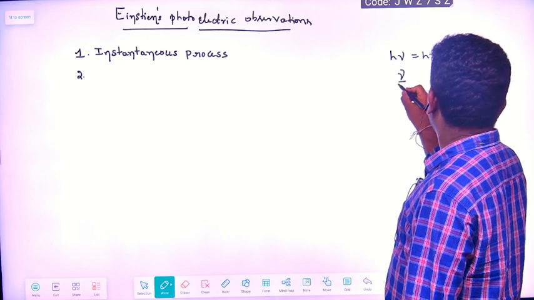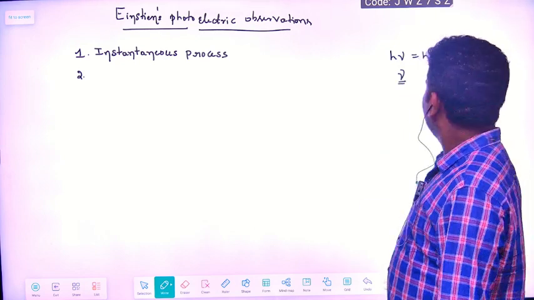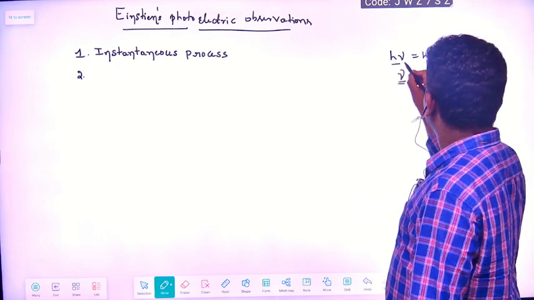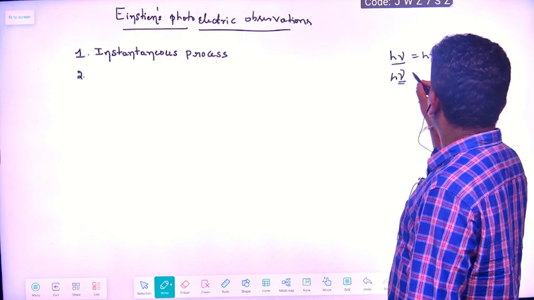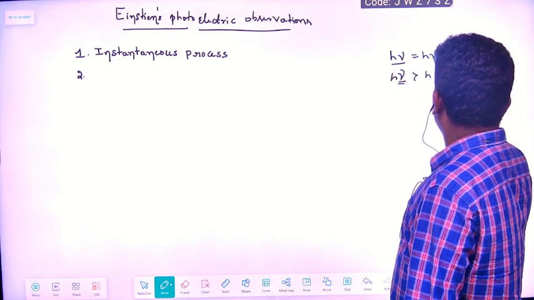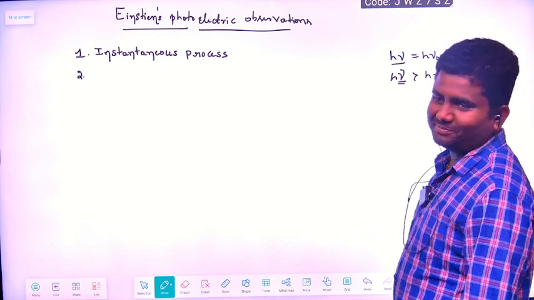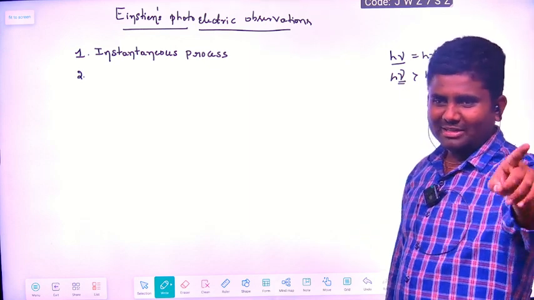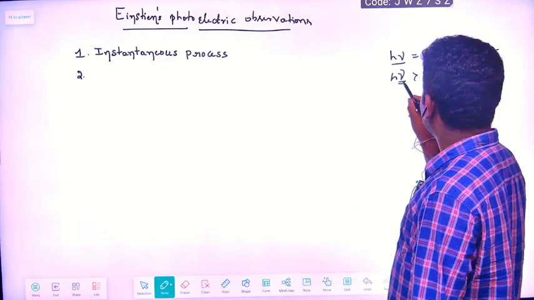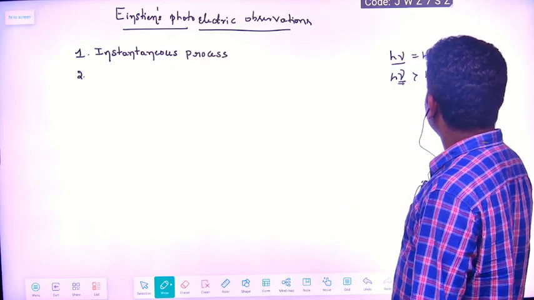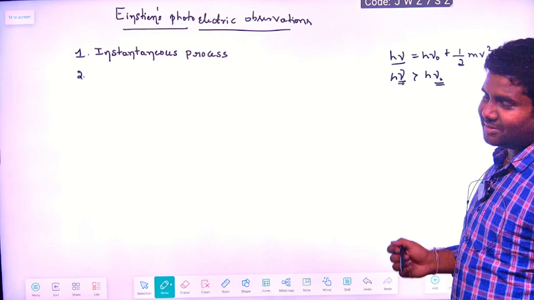So mu is frequency. The incident frequency should be greater than h mu naught, only then will the photoelectric effect take place. You studied this case, right? What does mu naught mean?